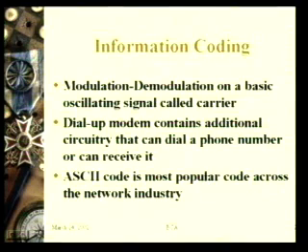ASCII code is the most popular code across the network industry. In addition, you also have digital means of passing signals, and one of the most common ways of coding it is the Fourier transform. Anyway, that is beyond this particular talk, so let us move on.